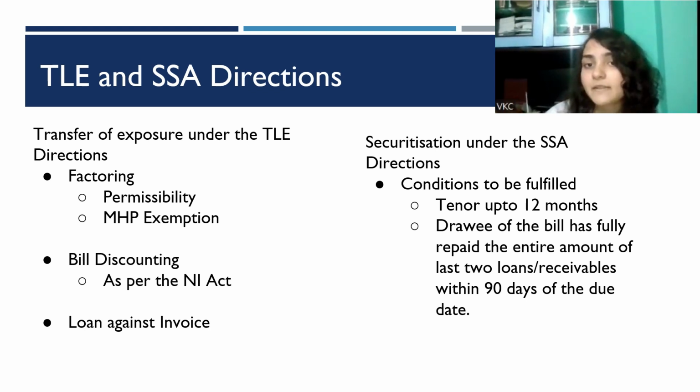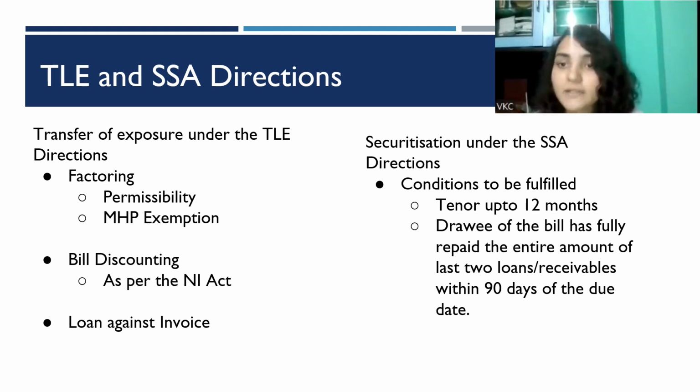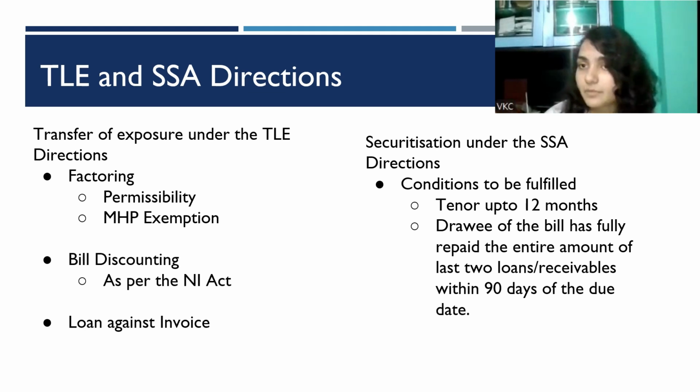Now, let's discuss the securitization of trade receivables purchased from borrowers. So, in terms of para 6 of the SSA directions, trade receivables with tenure up to 12 months purchased by lenders from their borrowers will be eligible for securitization, provided the drawee of the bill has fully repaid the entire amount of the last two loans or receivables within 90 days of the due date.